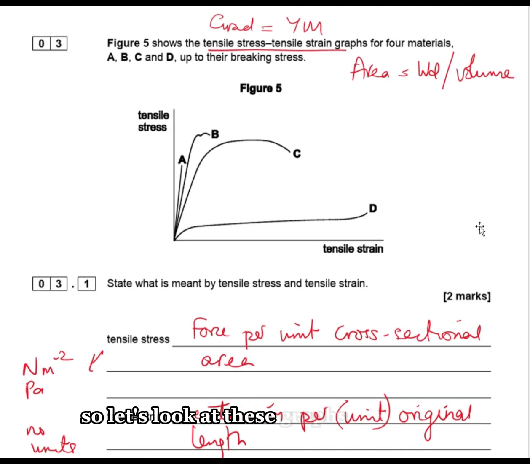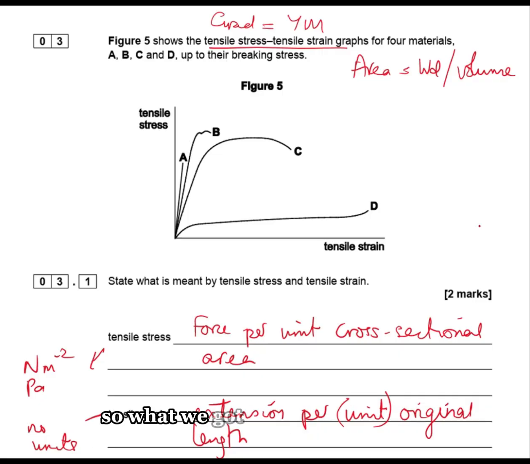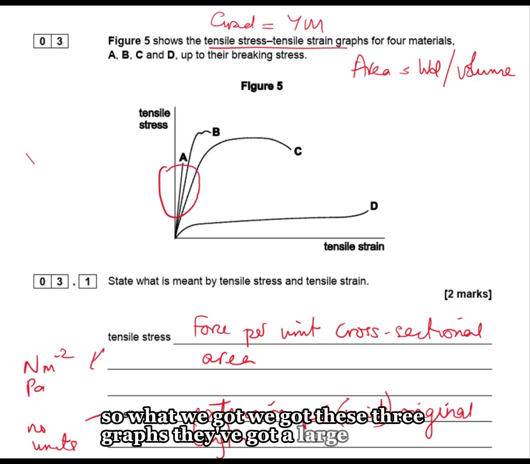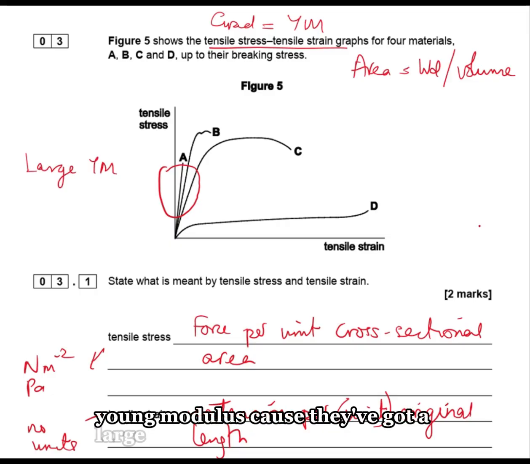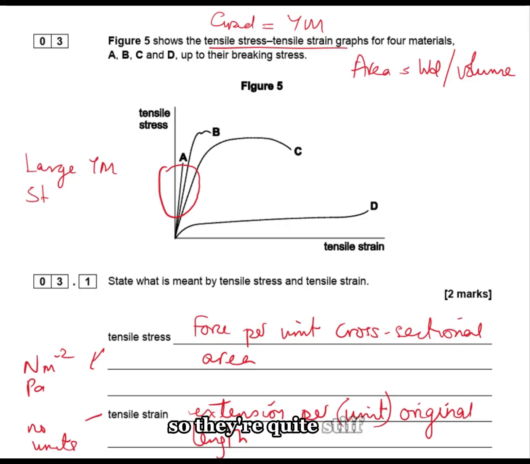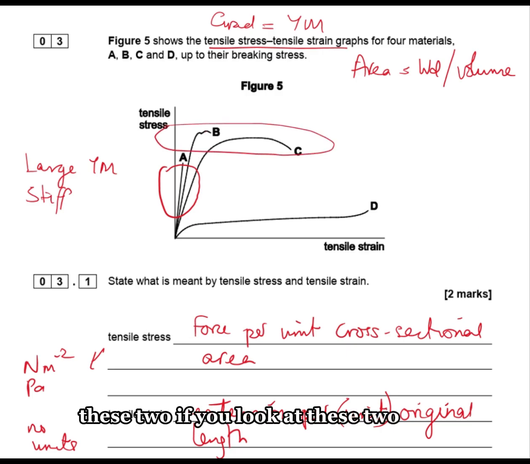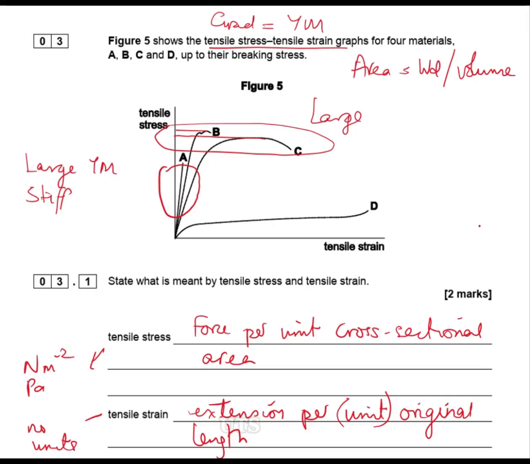Right, so let's look at these graphs in a bit of detail. These three graphs have a large Young Modulus because they've got a large gradient, so they're quite stiff, quite taut, so they don't stretch much. These two have a large UTS, so they can withstand a large force.